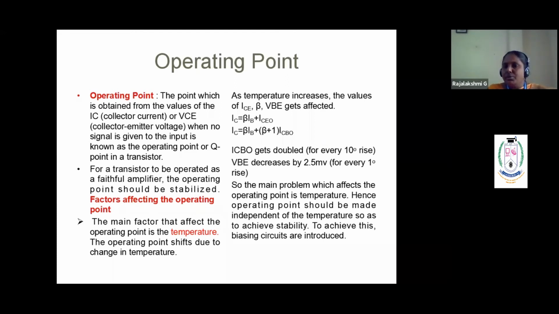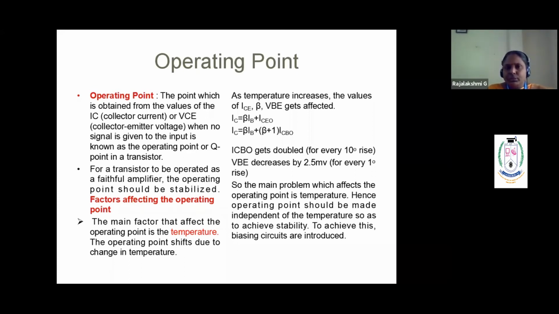Initially when you give the supply, there won't be a problem. But when you keep on using it, the temperature in the device will increase. So for every 10-degree rise in temperature, the value of ICBO will also be doubled. That is one reason. In the same way, for every 1 degree rise in temperature, the VBE will decrease by 2.5 millivolts. So that is also the reason why the operating point is unable to be stable.